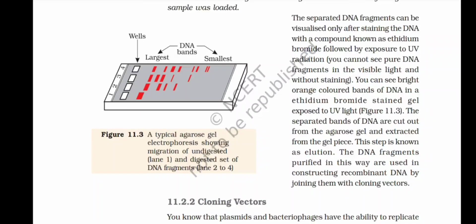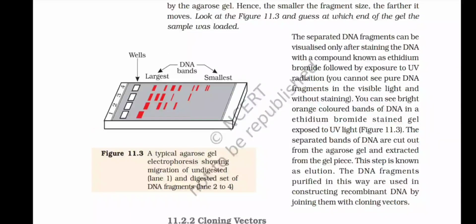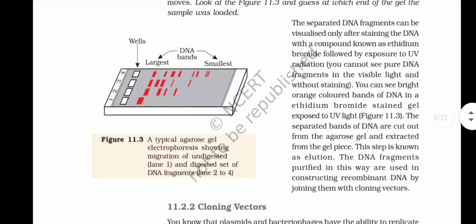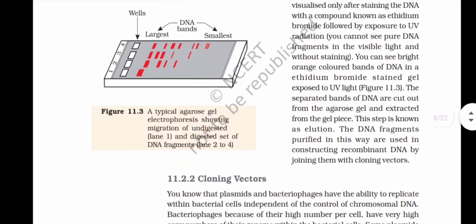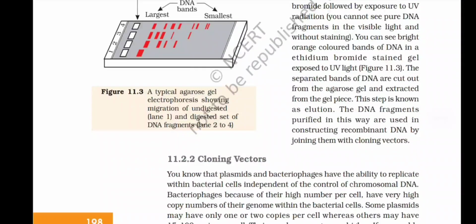This whole white box is the medium or matrix. Numbers 1, 2, 3, 4 are the wells, and the DNA bands are the red ones. The separated DNA fragments can be visualized only after staining the DNA with a compound known as ethidium bromide, followed by exposure to UV radiation. You cannot see pure DNA fragments in visible light without staining.